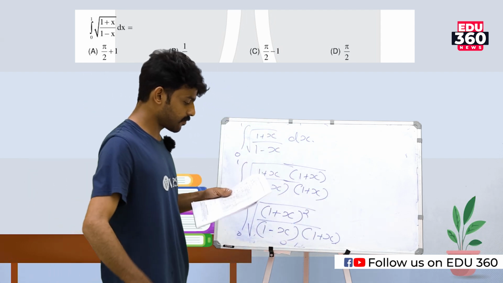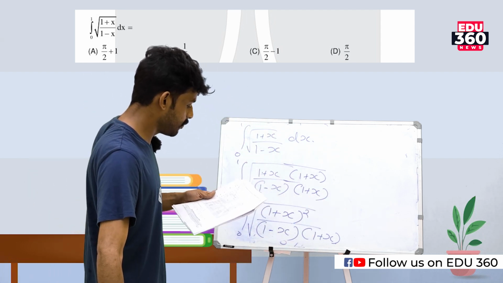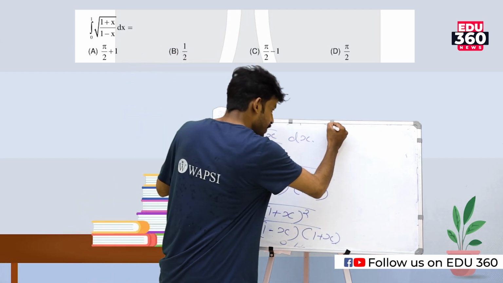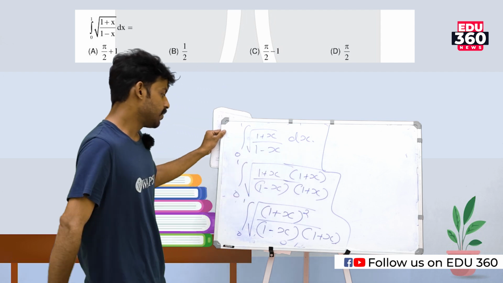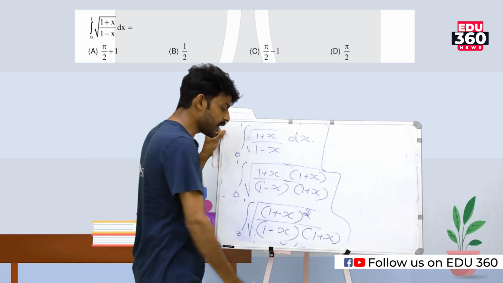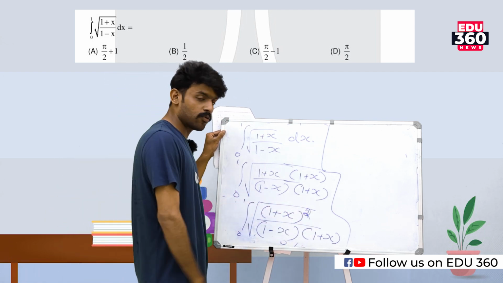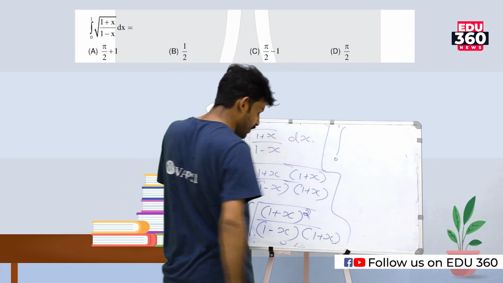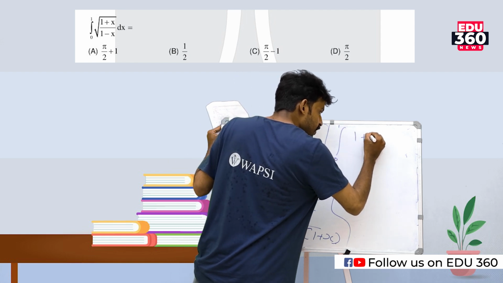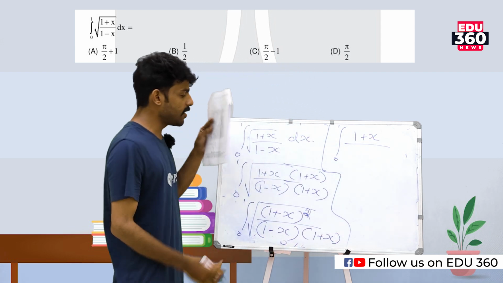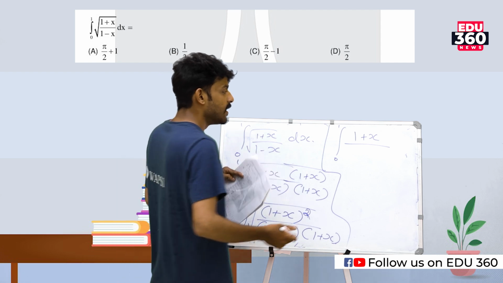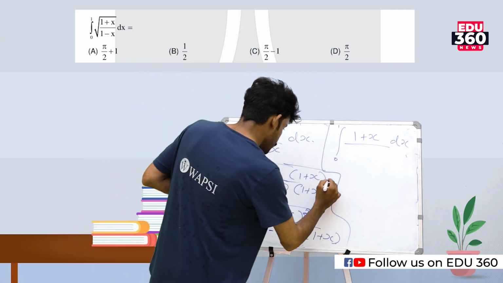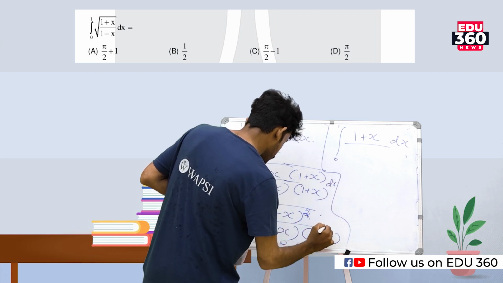So in the next step, let me write here. Here you can see 1 plus x the whole square and root. So the numerator will become only 1 plus x, dx, divided by, what about the denominator? Just look at here, dx is here and also here it is dx.